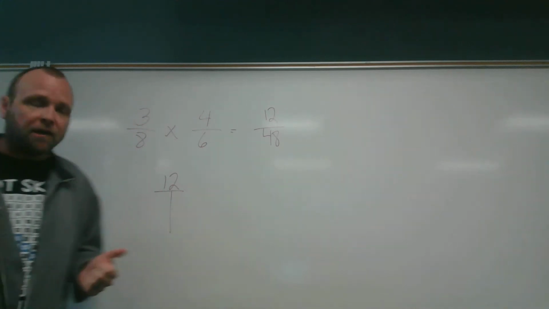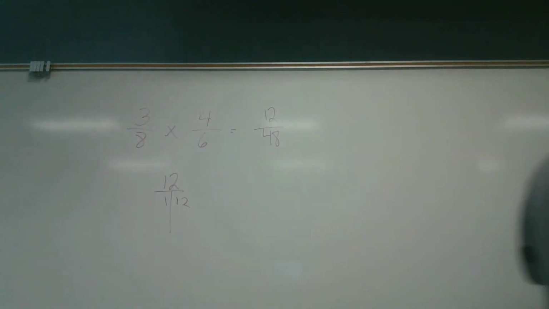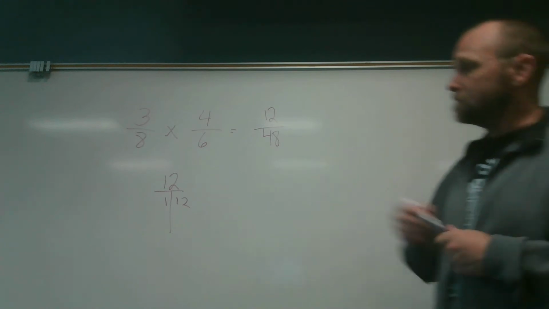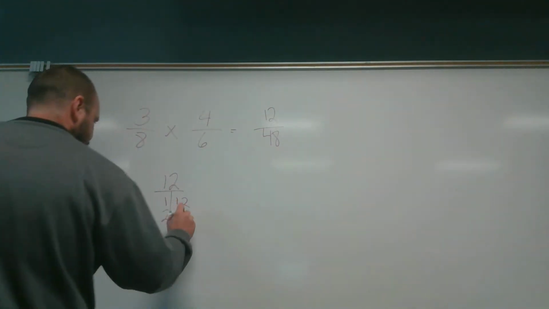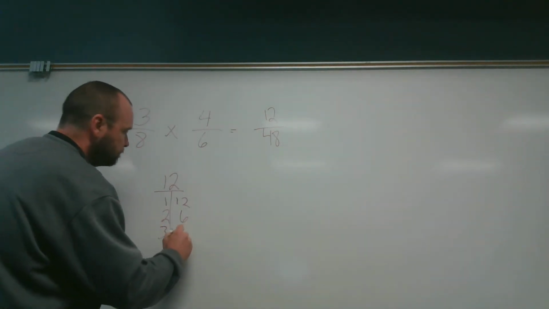And obviously, Matthew, 1 and 12 is the first factor pair for 12. Matthew, do you know any others? 6 and 2. Any others? No, there's no others. Yes, there is. What did we multiply here to get 12? 3 times 4.